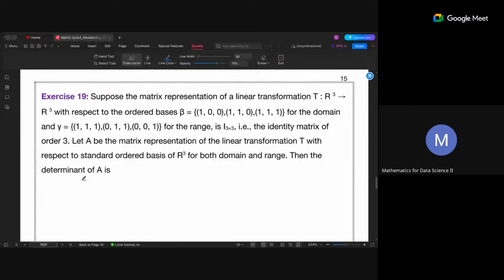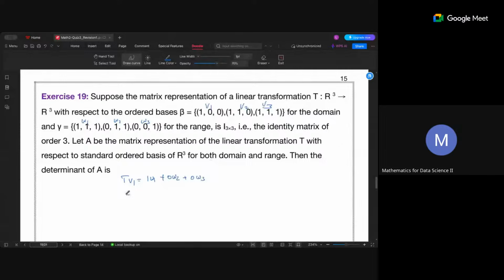Exactly. So here, suppose this is your V1, V2, V3, and this is your W1, W2, W3, right? So your TV1 is not E1 exactly. It's 1W1 plus 0W2 plus 0W3, because that is your first column of the identity.